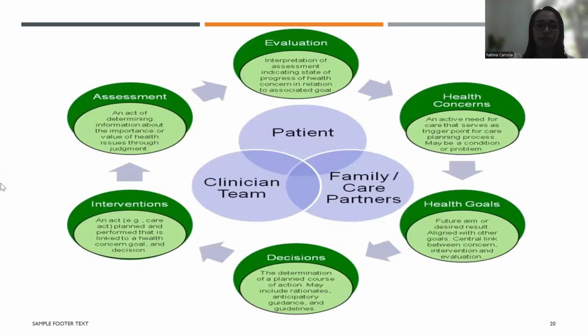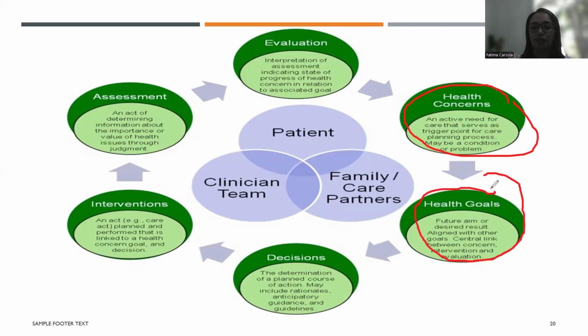Okay. So for the clinician, patient, and family care partners, we have here the health concerns of the patient. So what are the concerns of the patient? What are the manifestations of the patient? From the complaints of the patient, okay, we will need to plan here.